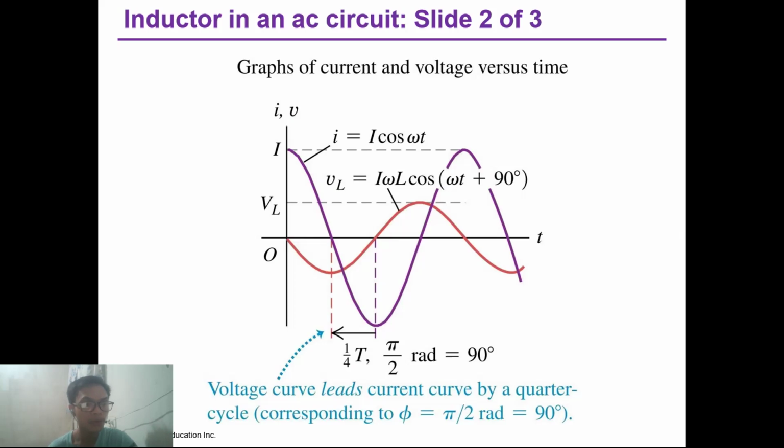In other words, graphically, the voltage waveform leads the current waveform by 90 degrees. Sketch voltage and current for an inductor. Based on your observation of your own sketch, which one peaks first?